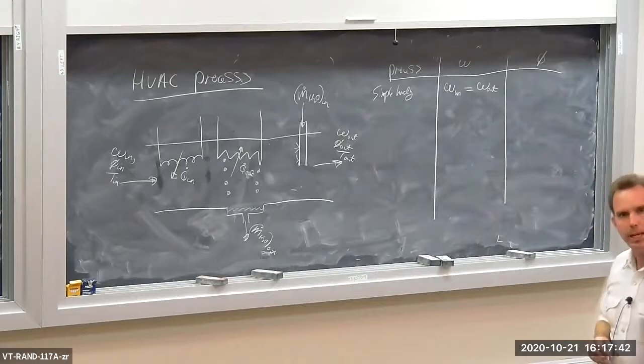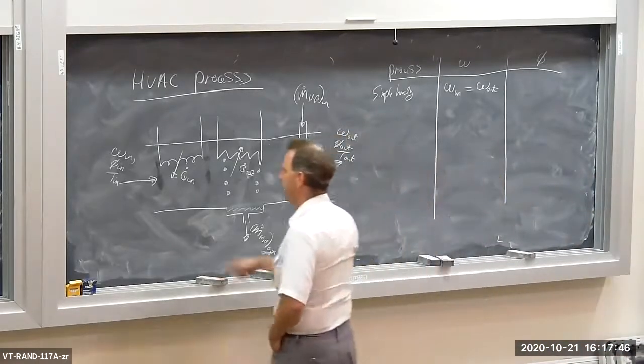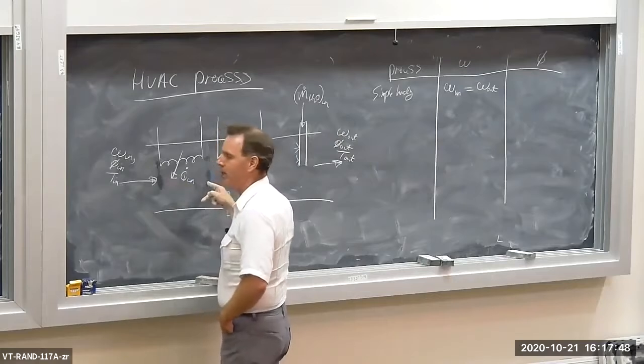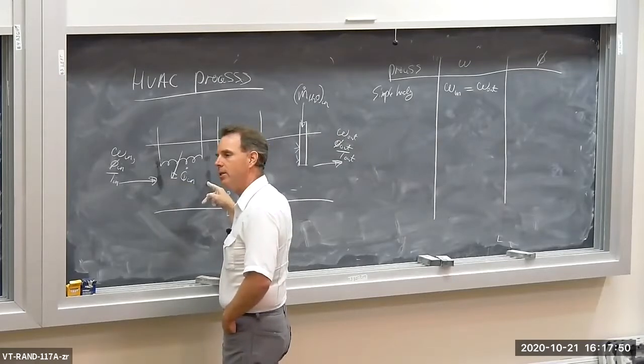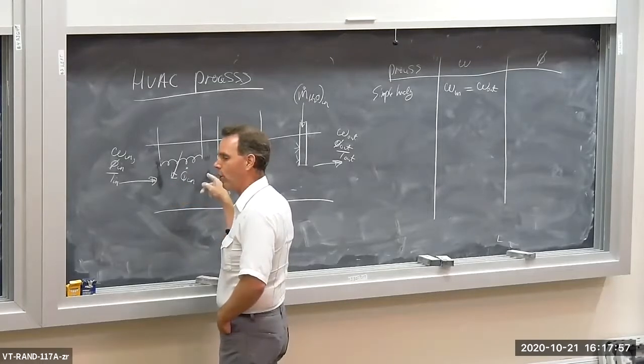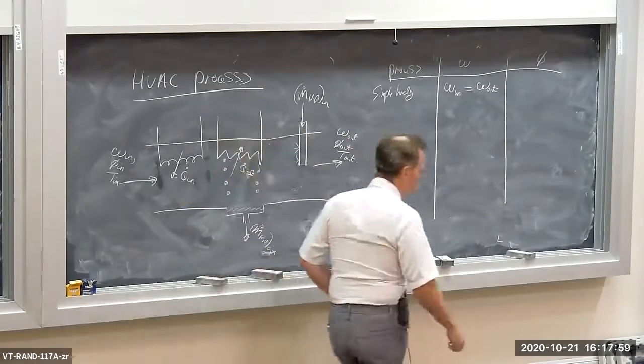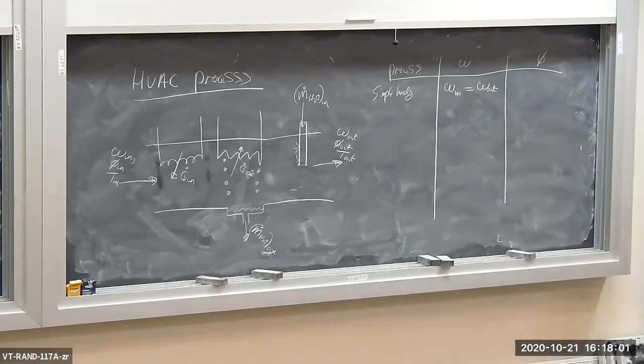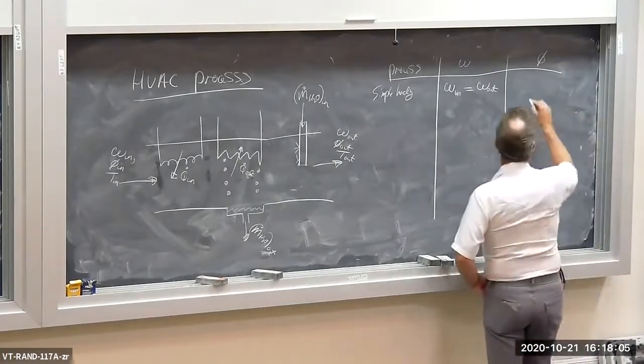Now, if there's simple heating going on, that means temperature is going up from the inlet to the outlet. That means the saturation pressure is going up compared to the inlet, but the partial pressure of the H2O is staying the same. That means the relative humidity is going down.